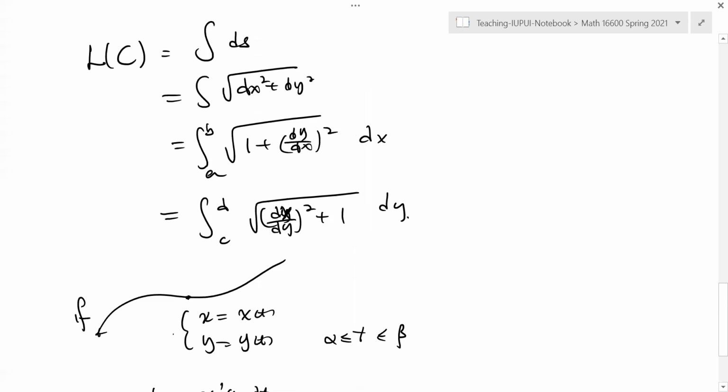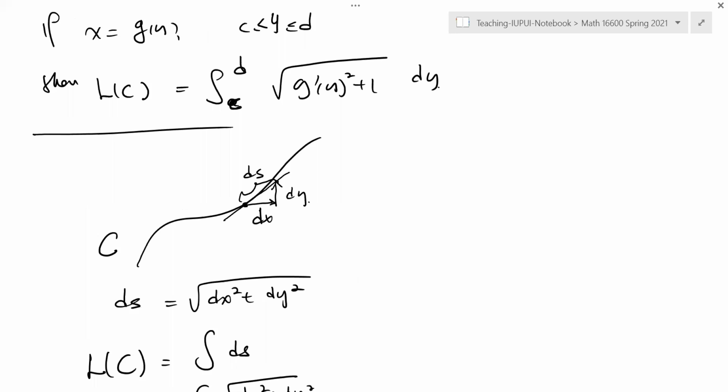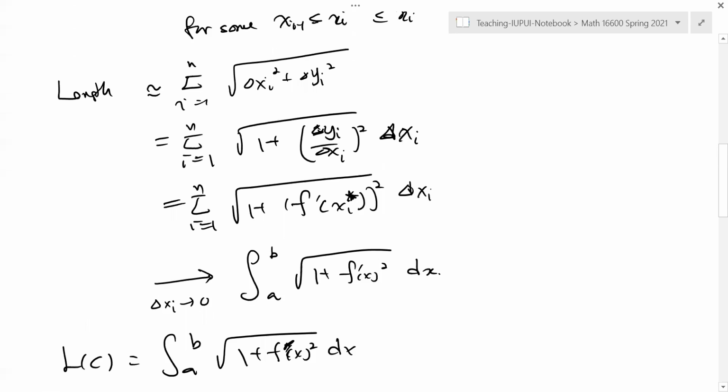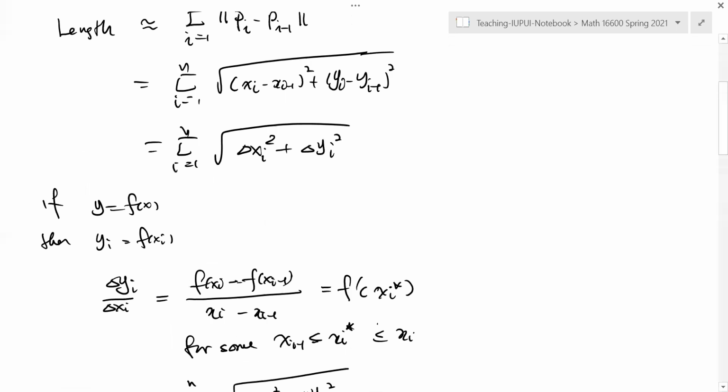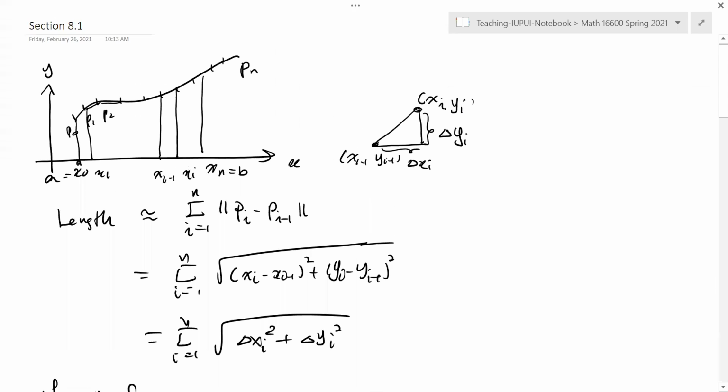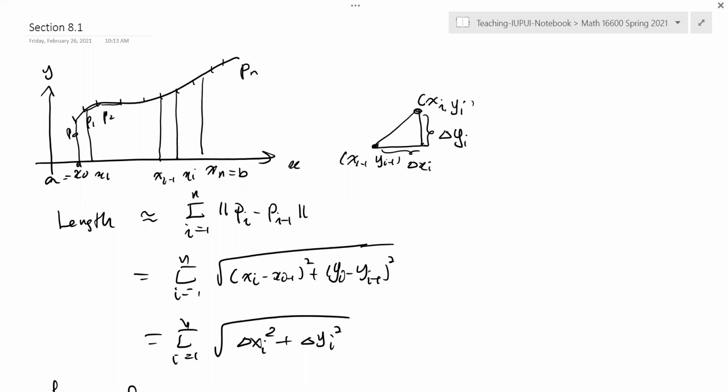But more precisely, how do we get this formula? We use approximation. How do you find the length? Suppose this is a curve right on the ground. How do you measure it? You just pick many points along the curve, and then you measure the direct distance between two nearby points, and add them together.